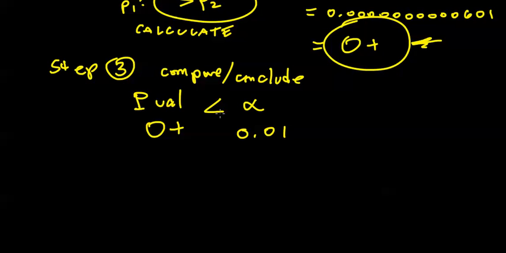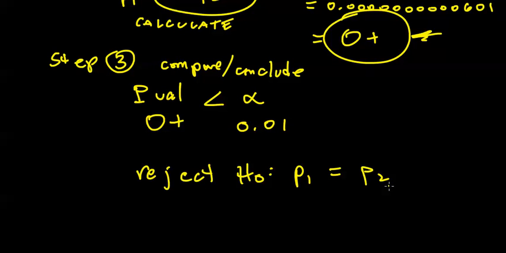Certainly your p-value is going to be smaller than any reasonably chosen significance level. So we reject H0, the claim that the proportion of black and white dreamers is the same for under 25s and over 55s.